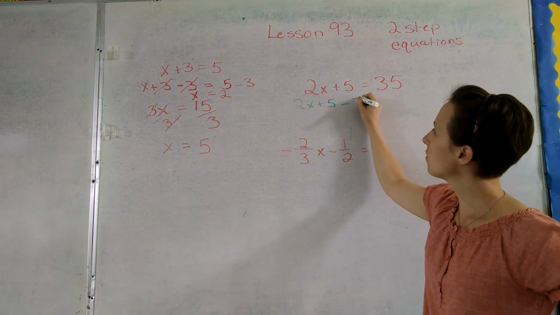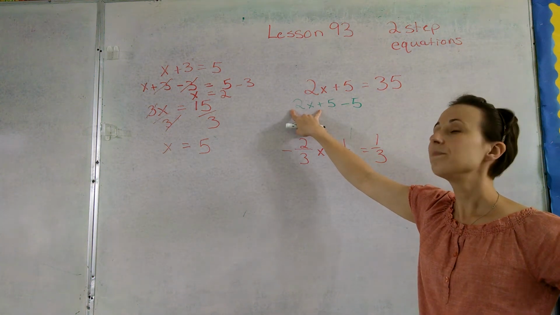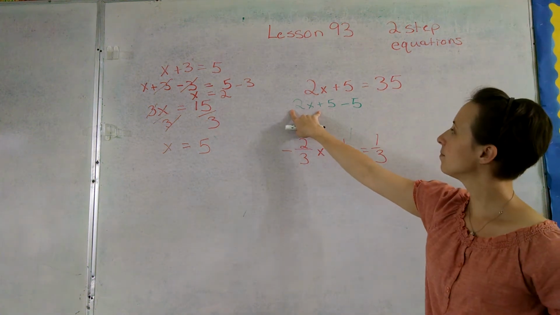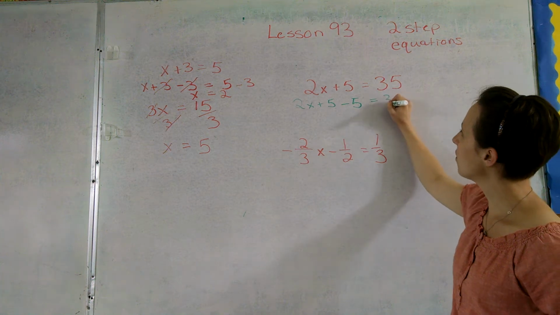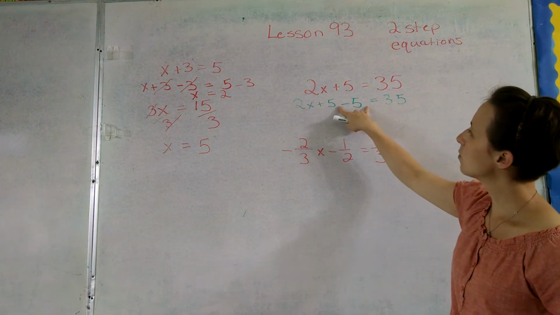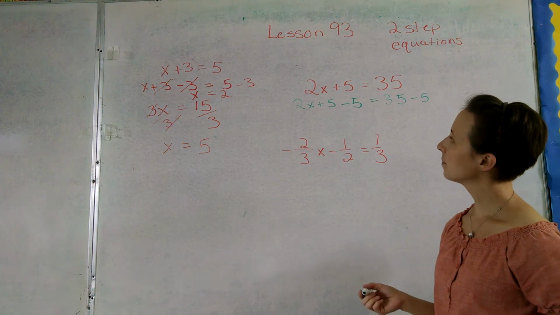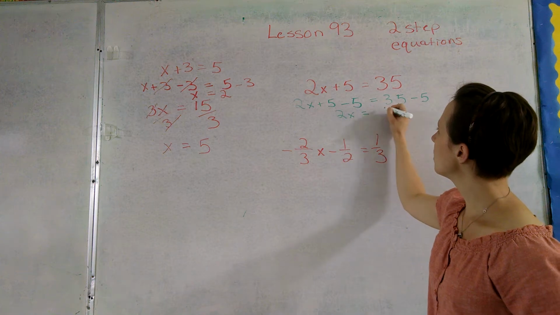And now let's subtract 5, so that my 5's will cancel out, and I'll be left with just x. I know it's a 2x, that's our second part of the problem, we'll get there in a minute. Let's do the same thing to the other side. I have 35, and I just subtracted 5 here, so I want to subtract 5 there. When I rewrite it, that leaves me with 2x equals 30.